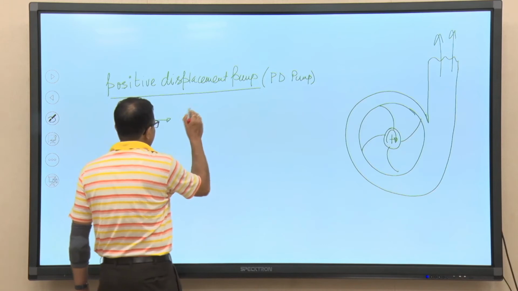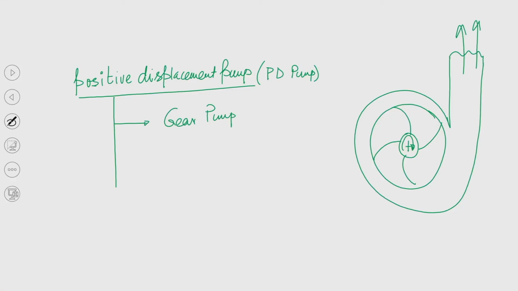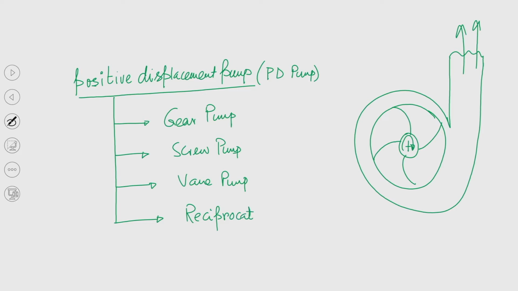Say one is called the gear pump, then the screw pump, then the vane pump, and then the reciprocating pump.